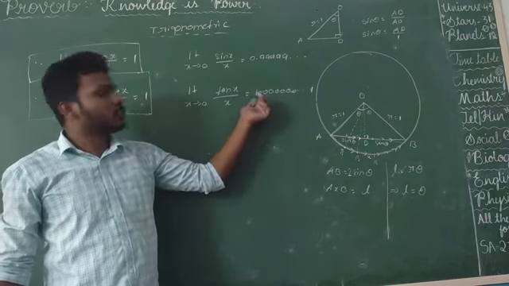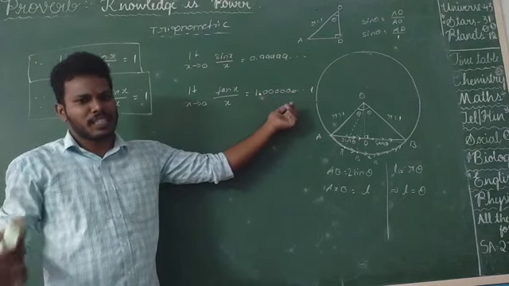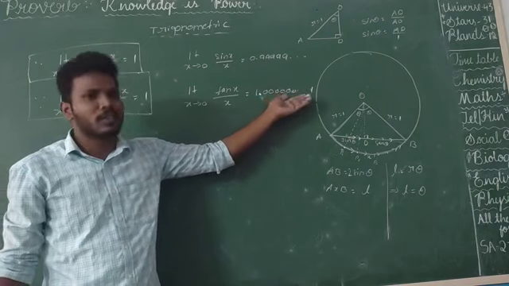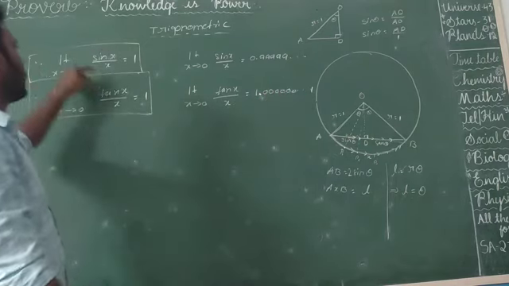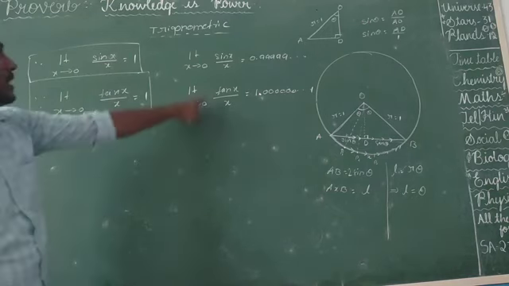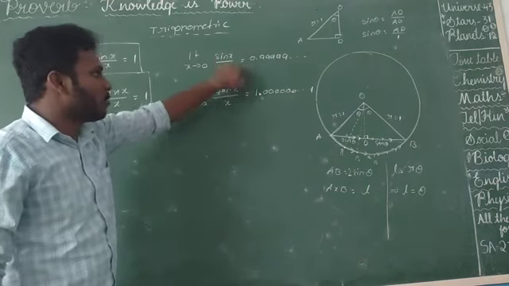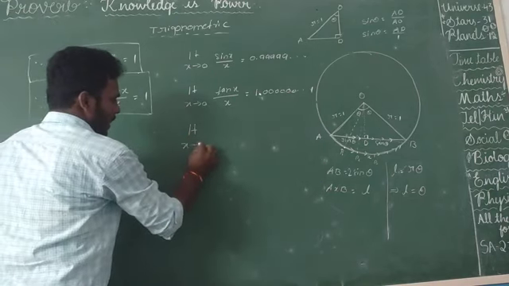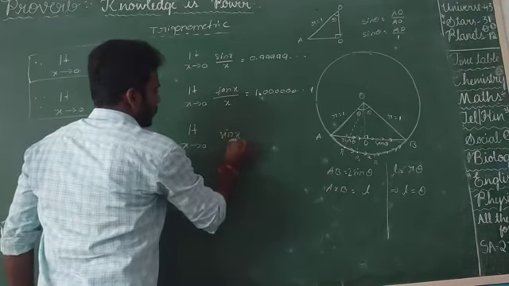Here the tan x by x value is 1 point something, the nearest value closer to 1, so we take it as 1. That's why we use the limits of these functions: sin x by x is 1, tan x by x is also 1. Why are we discussing these things? Sometimes you are saying limit x tends to 0 of sin x by x.